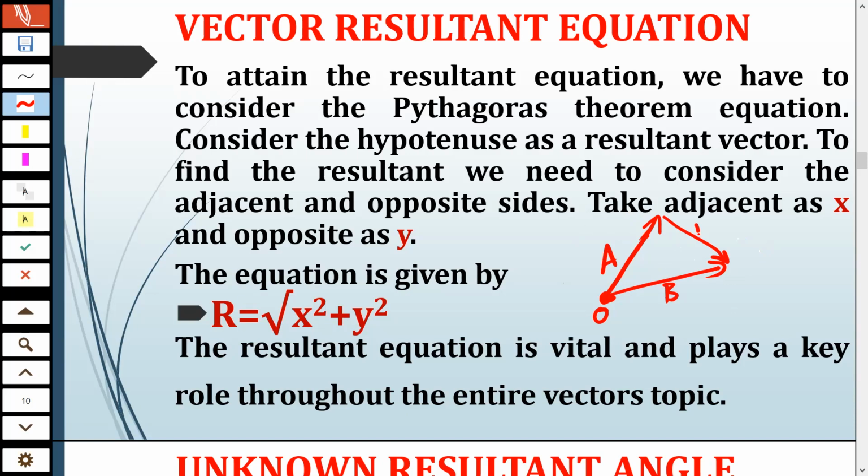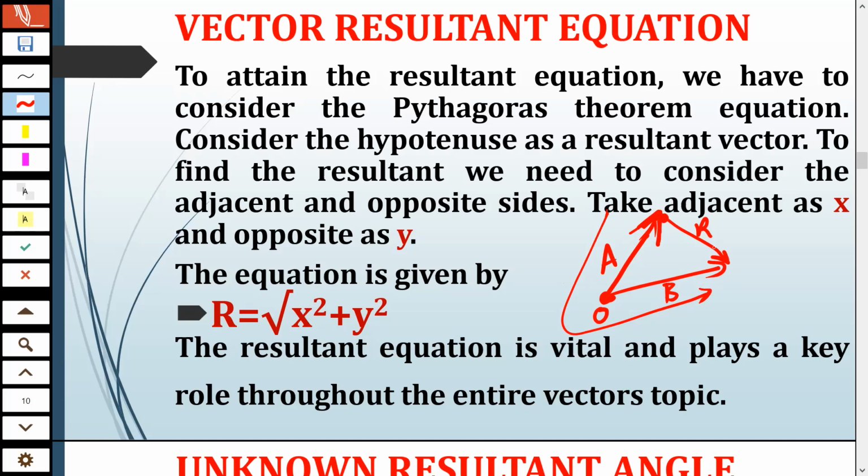The resultant vector R is moving from A to B, which means we're going to move in this direction and then go towards that direction. So we're moving against the direction of A. The direction of A is facing this side.